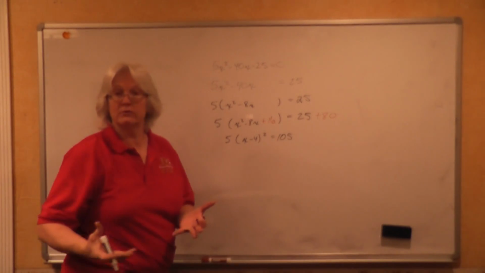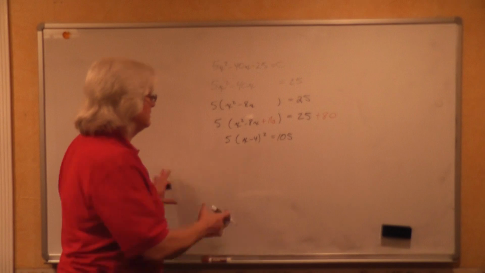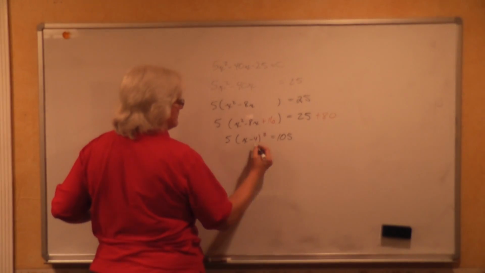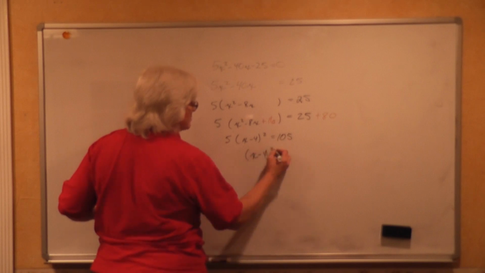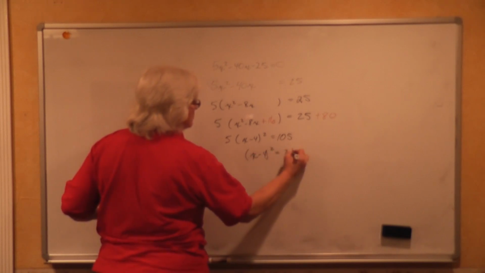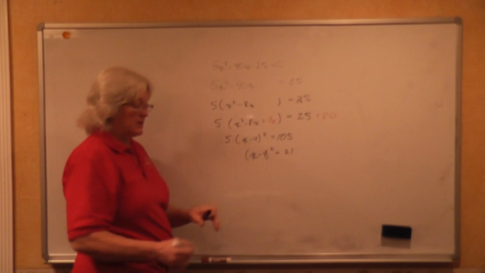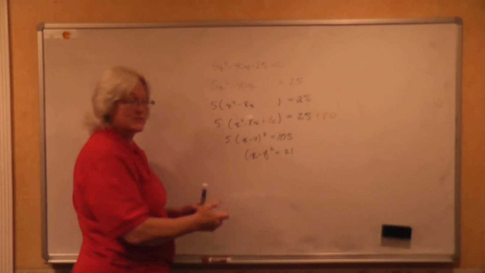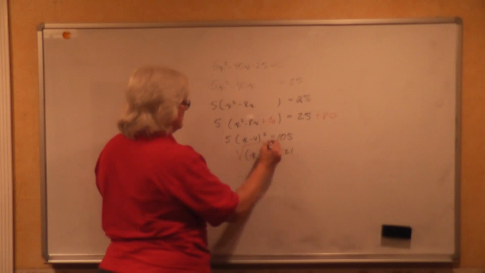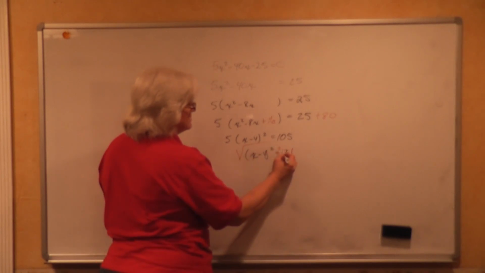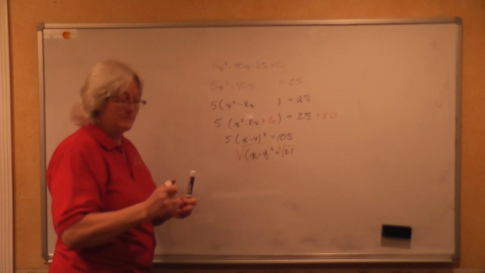is equal to 105. And then we simply complete this work here by dividing both sides of the equation by 5. We have x minus 4 squared is equal to 21. Now we take the square root of both sides of this equation. Again, I'm just going to write the square root in, plus or minus the square root of 21.